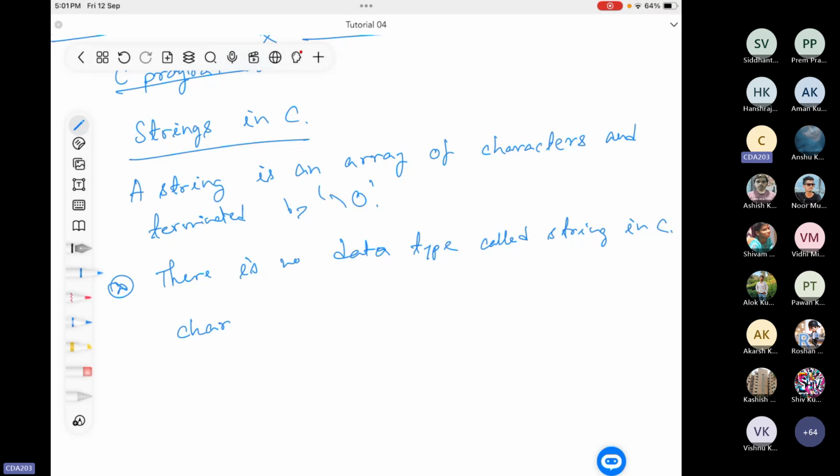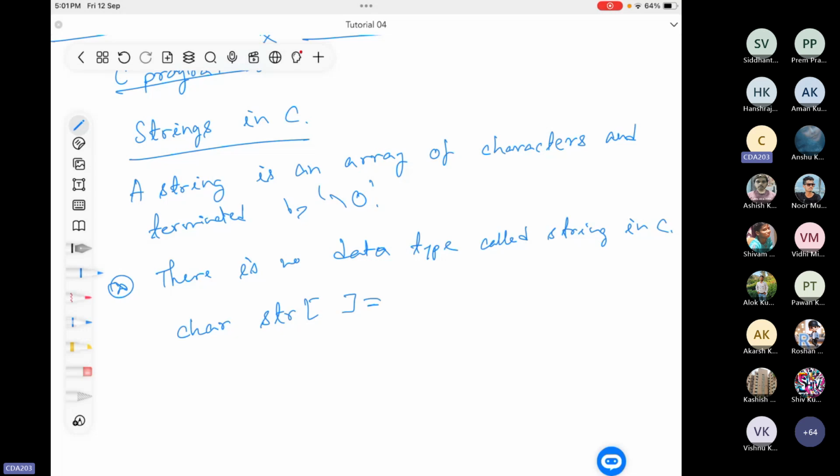Is it okay if I shift to the GDB, because I have to write something. Okay, so when we are defining a string, let's say char str, and we define an array type.